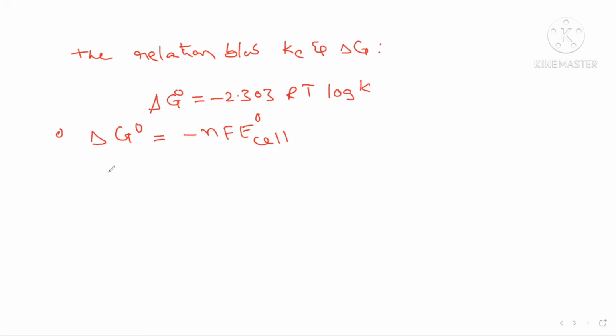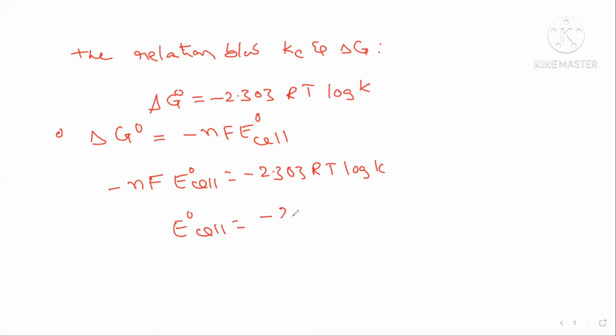We get minus nFE naught cell is equal to minus 2.303 RT log K. Therefore, E naught cell is equal to 2.303 RT by nF log K.